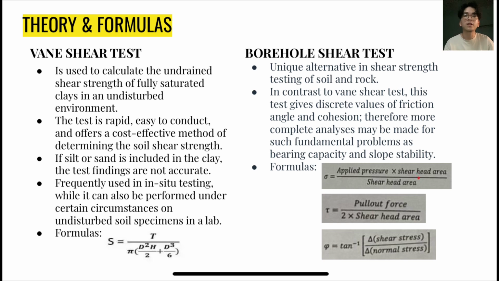If silt or sand is included in the clay, the test findings are not that accurate. It is frequently used in situ, while it can also be performed under certain circumstances on undisturbed soil specimens in a lab. The formula is given as below.